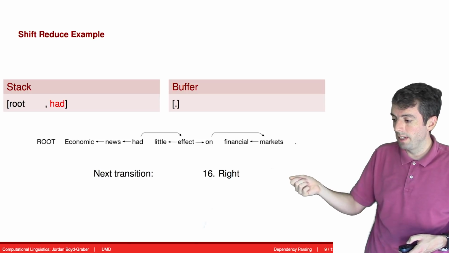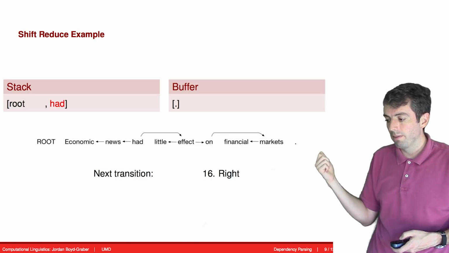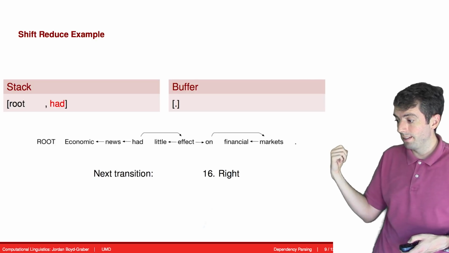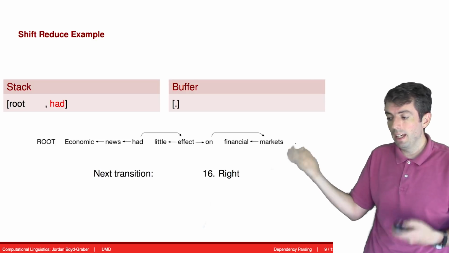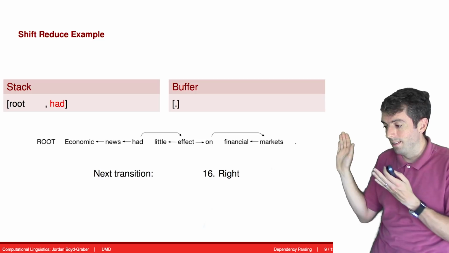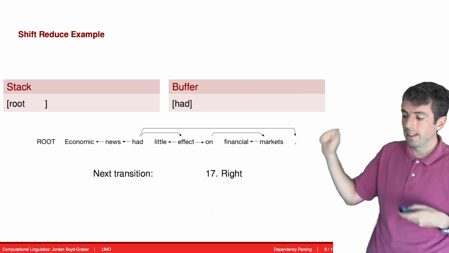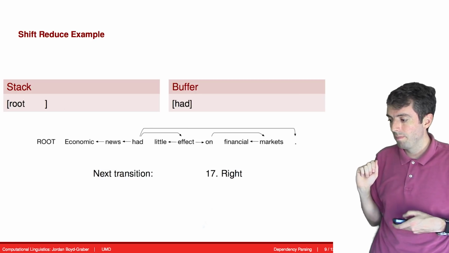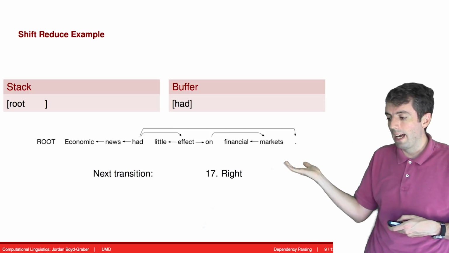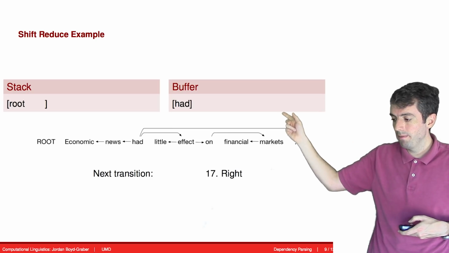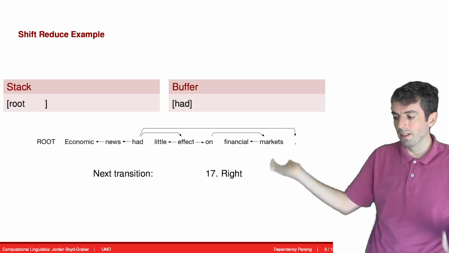This allows us to create a right edge going from had to the sentence final punctuation. And then, very, very last thing, we need to connect the root to the main verb. And so now we have root on the buffer, and we are done.